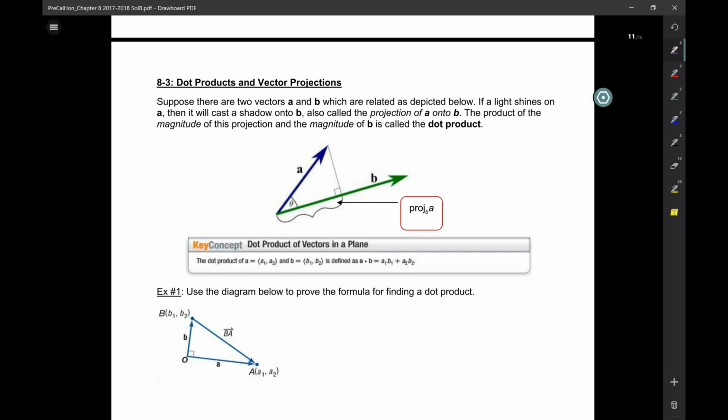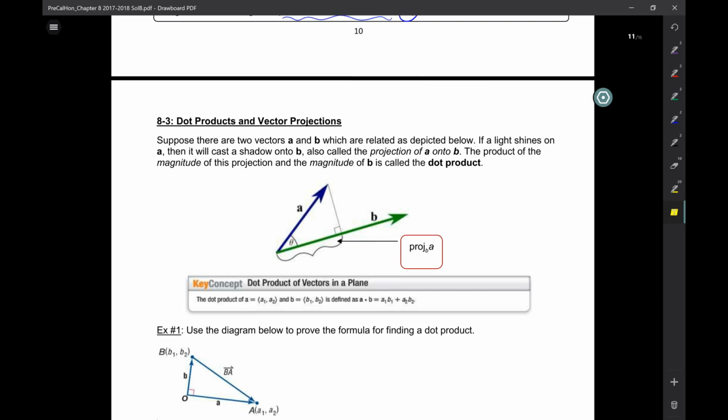Now, suppose you visualize this vector A casting a shadow on vector B. Suppose I were to shine a flashlight like this on vector A, but holding the flashlight perpendicular to B. Just like this. Can you envision that there's going to be a shadow of A onto B?